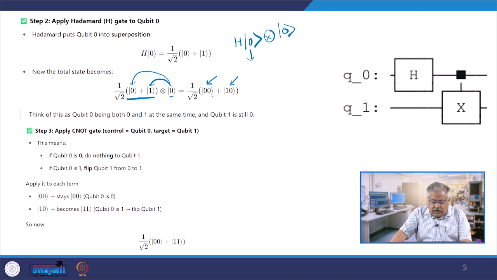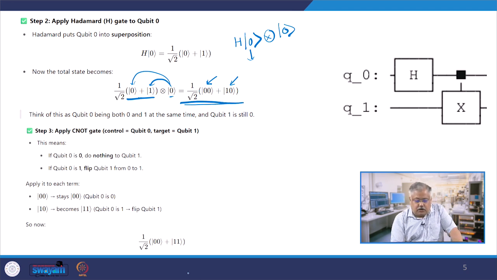So you can think of qubit 0 as being both 0 and 1 at the same instant of time, and qubit 1 is still 0. That is the reason we define this state like this. The qubit 1, if you see very carefully, is still 0, but qubit 0 can have a 0 or 1 value.